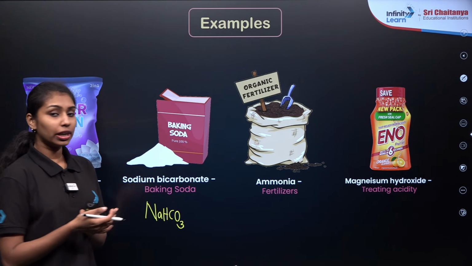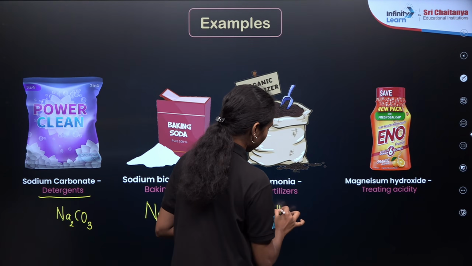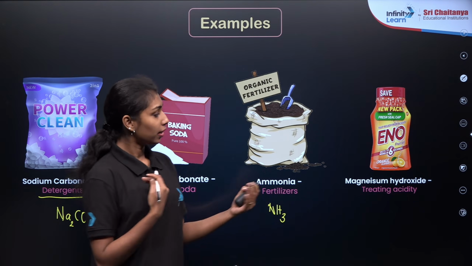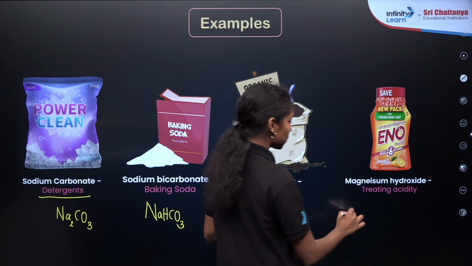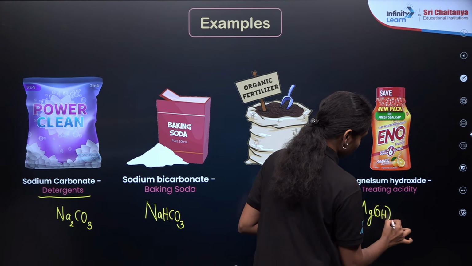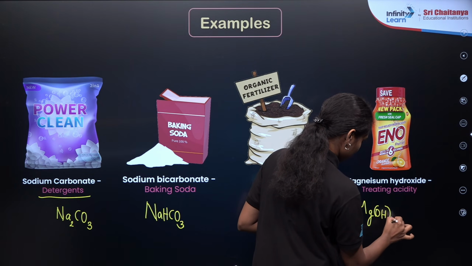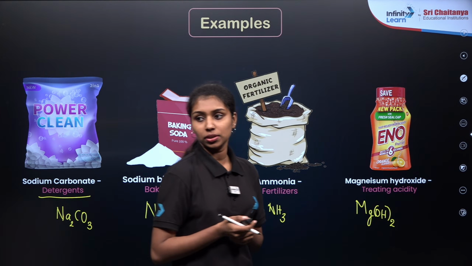Then ammonia, NH3, which we use as a base in fertilizers. Then ENO, which we use for digestion problems as an antacid. This is magnesium hydroxide. Clear? These are the simple examples of bases.